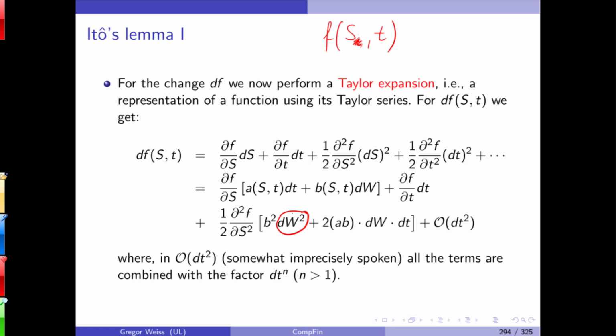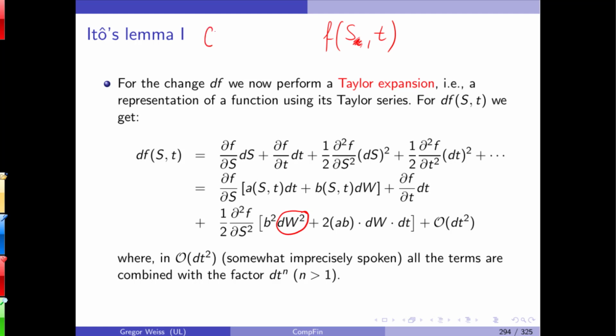and the idea is now the following. We are looking at a process in continuous time, meaning the change in time, dt, is infinitesimally small. And if you square something that is close to 0, what happens? It is even closer to 0.